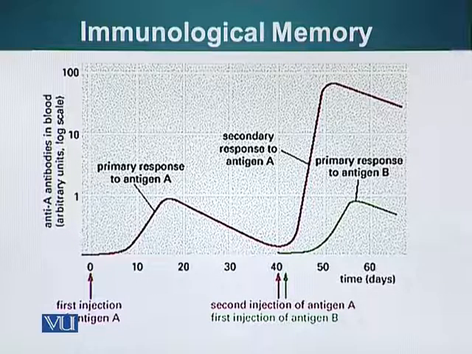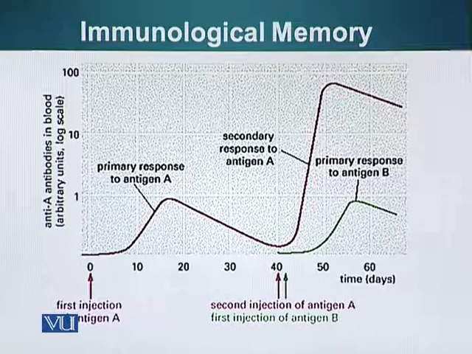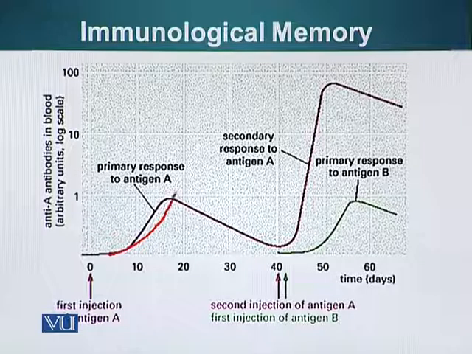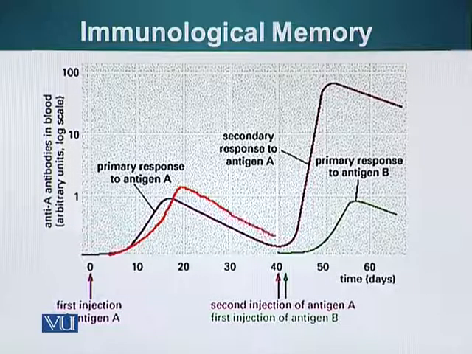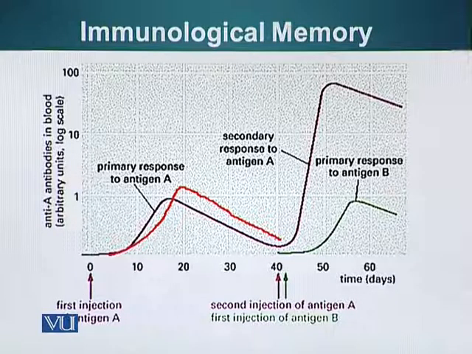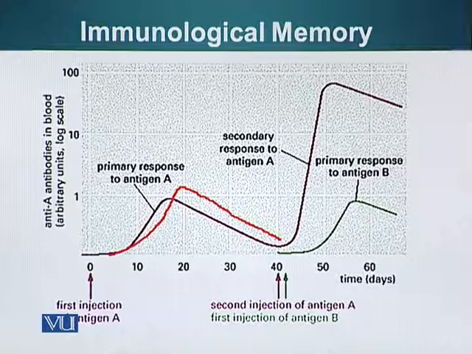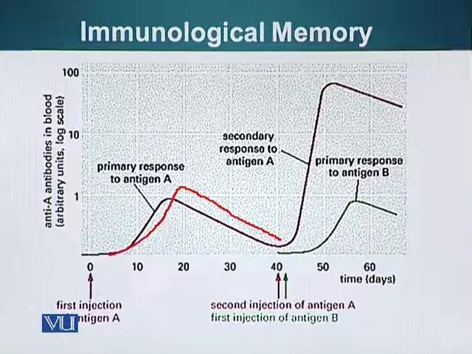It shows the first exposure of the animal to antigen A. The immune response rises sharply, and then the decline is more gradual. At another point in time, for example after 40 days, this animal is again given antigen A and also antigen B at the same time.